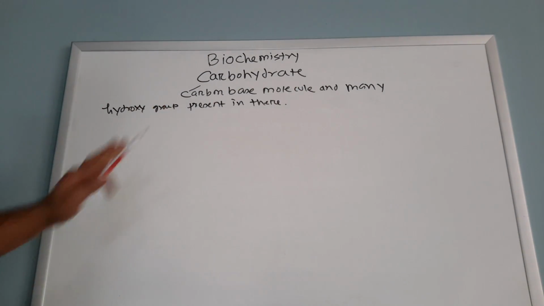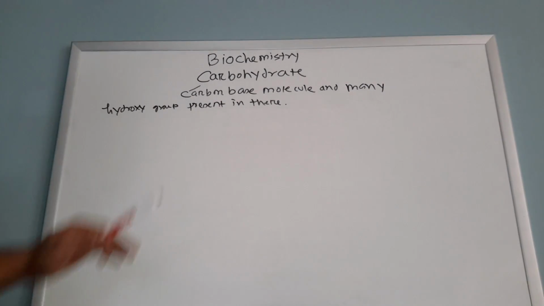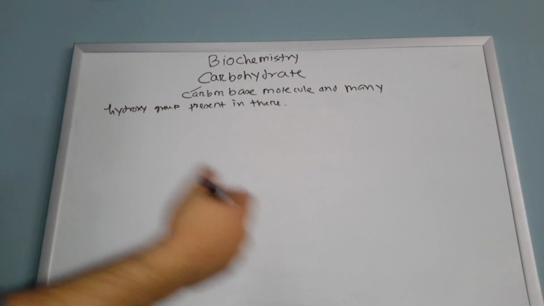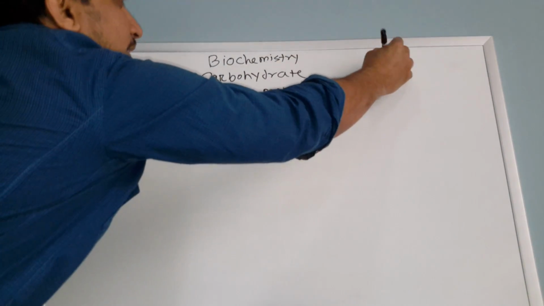You can get a very good book definition from the books, but I'm giving you the basic idea of what carbohydrate is. Carbohydrate is a carbon-based molecule and many hydroxy groups, meaning OH, are present in there.